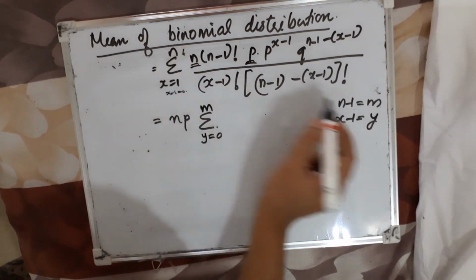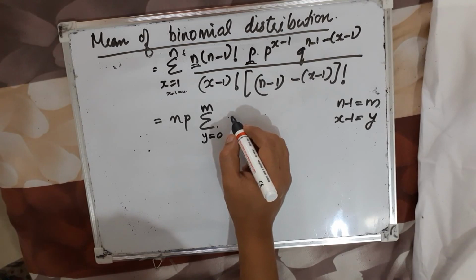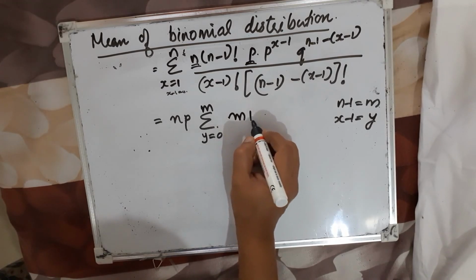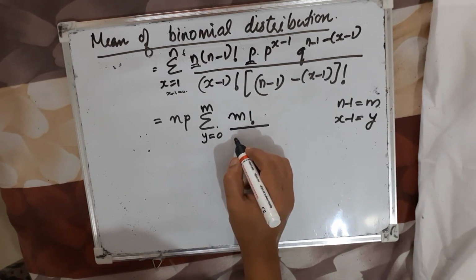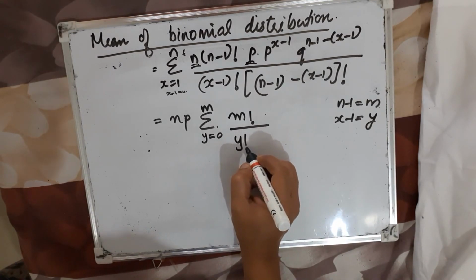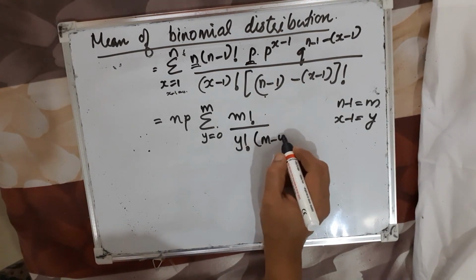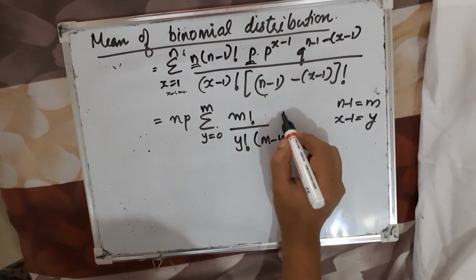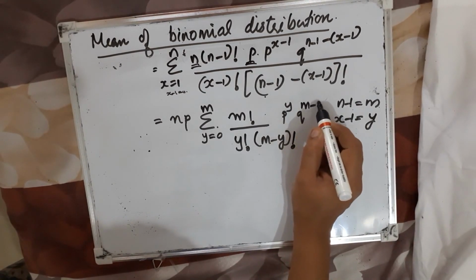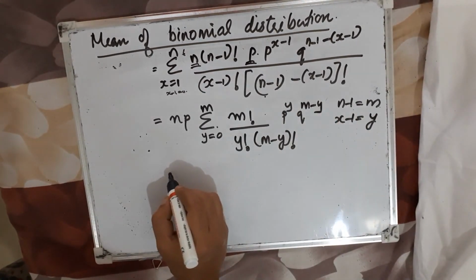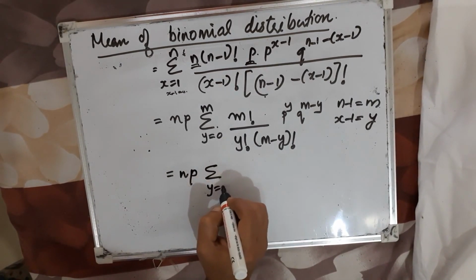Instead of n, we should use m, so y equal to 0 to m. Then (n minus 1) factorial is m factorial divided by y factorial into (m minus y) factorial, into p^y q^(m-y), which is equal to np sigma y equal to 0 to m.